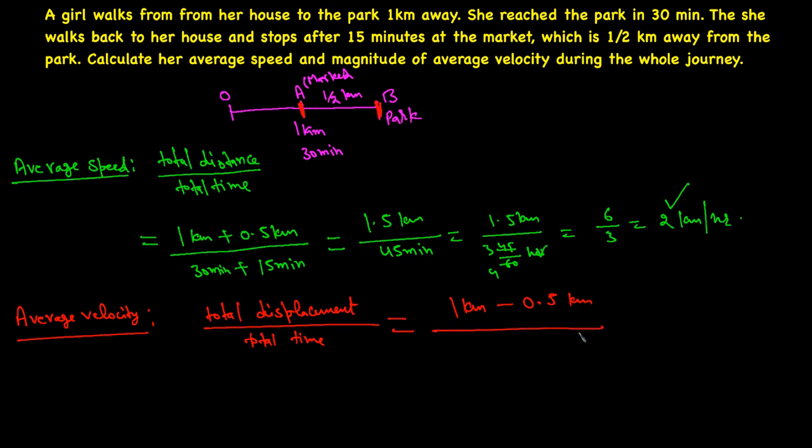So 1 kilometer minus 0.5 kilometer, basically the distance between the initial and the final position, that much. So that is her displacement OA, which is 1 kilometer minus this half kilometer, over the total time, and time is again the same, 3/4 of an hour, which is 45 minutes.